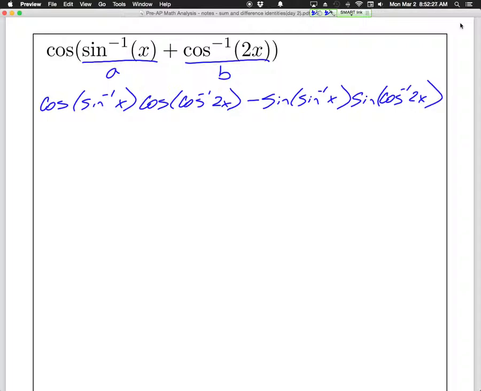So make sure you understand how that's laid out. Remember, this is a, this is b, this is a, that is b. So I just plugged it into the cosine a plus b formula.